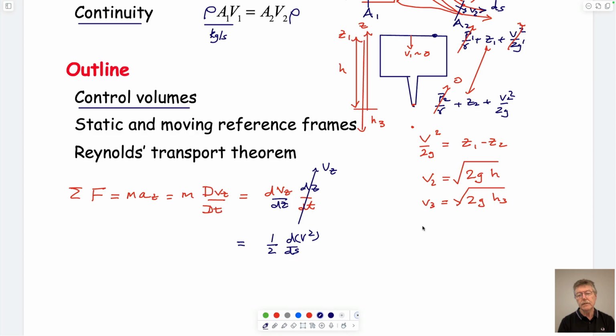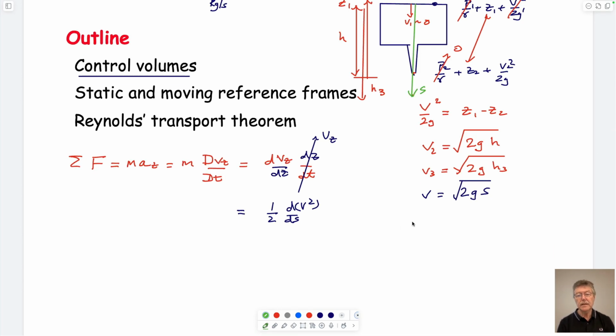So if you write V equal to the square root of 2gs, where s is the streamline, a streamline that comes through these 3 points, and substitute it in here, then this is equal to a half times the derivative of V squared, which is 2gs.